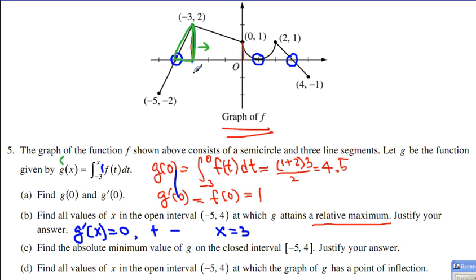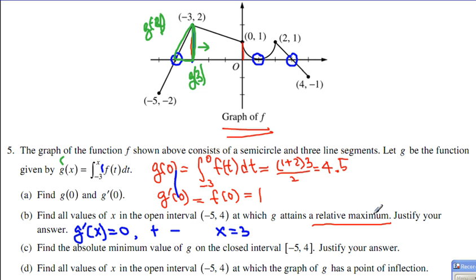In other words, g of 3 is here. You see, from g of negative 4, I guess in this case, g of negative 3 will be the result from g of negative 4 by adding some value. That means g of negative 4 must be less than g of negative 3, because you will get to g of negative 3 by adding the area of the triangle.